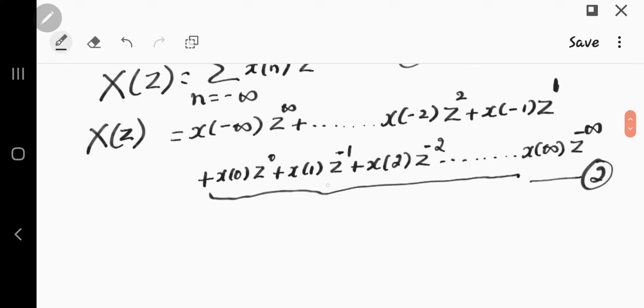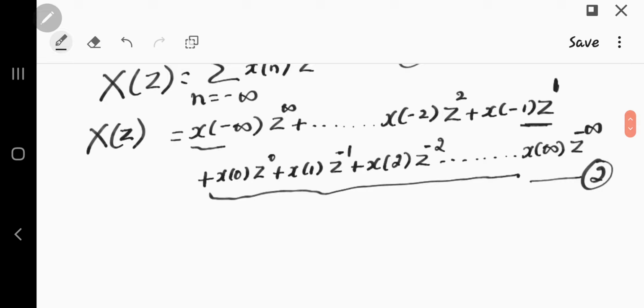If you observe this, the positive time sequence has the inverse powers of z: z power minus 1, z power minus 2, and z power 0 as well, which is nothing but 1 here. And if you take the negative time sequence, it's from minus infinity up to here, and if you observe, the powers of z are positive.